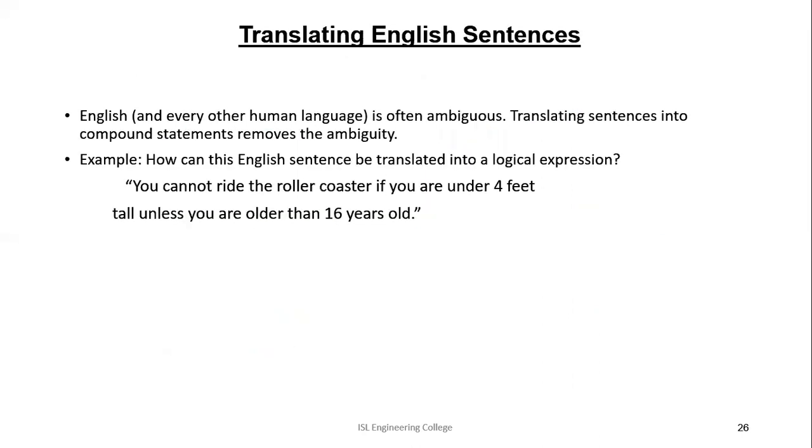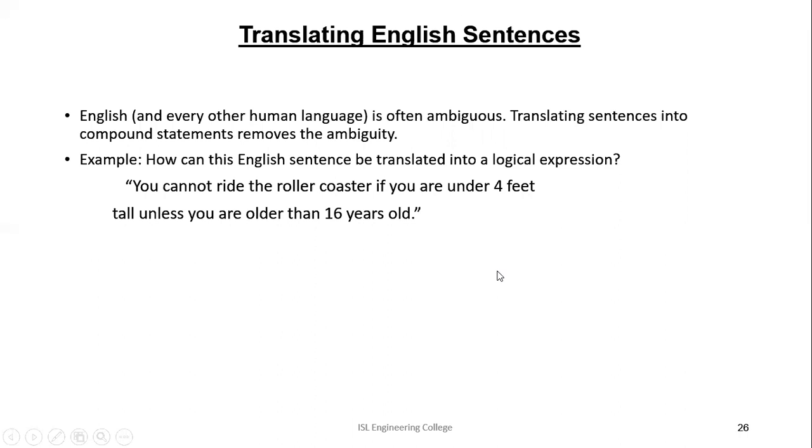Okay, now translating English sentences. To translate English sentences into propositional logic is actually a bit confusing, that is, it is ambiguous. And translating sentences into compound statements removes the confusion.